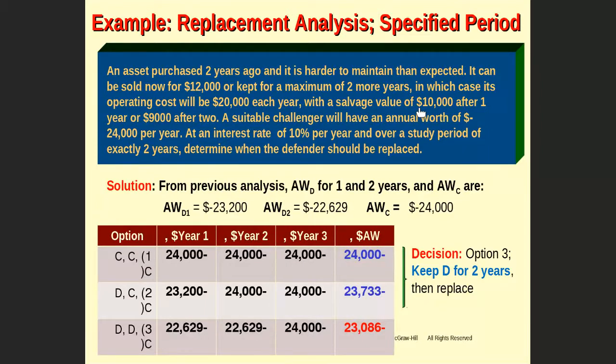So the formulation will be: 23,200 is going to be minus 12,000 A given P for 10% for year 1, minus 20,000, no need to convert because it is already annual, plus 10,000 multiplied with A given F for 10% for year 1, and that will equal approximately 23,200.